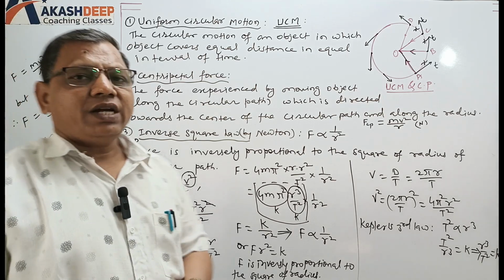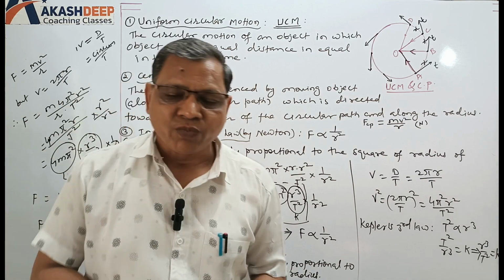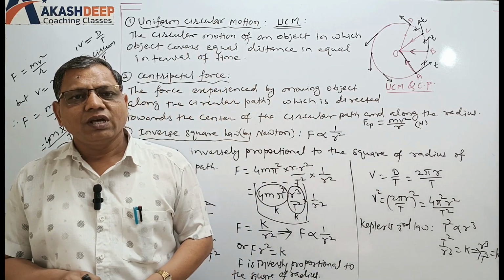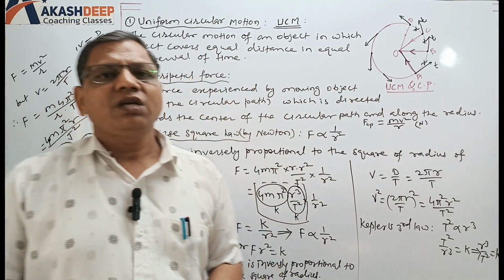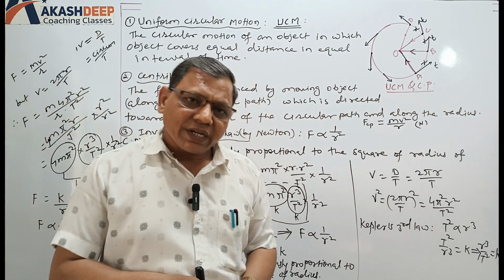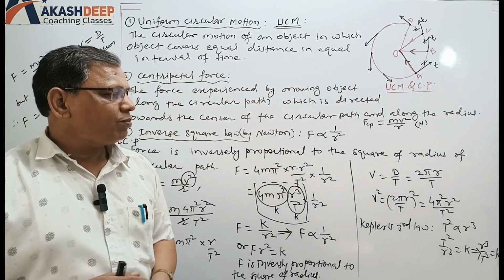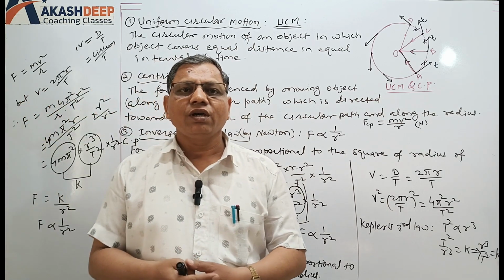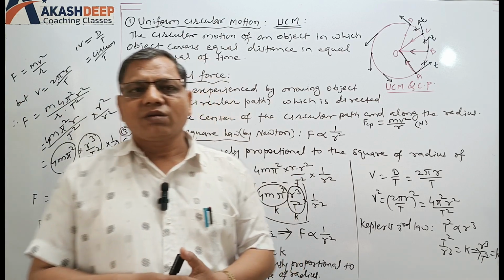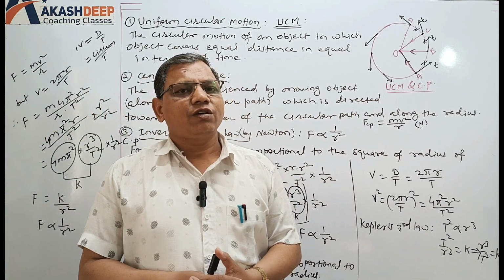It implies that there is an inverse relation between the centripetal force and the radius of the circular path. Therefore, Newton said that the centripetal force is inversely proportional to the square of the radius of the circular path along which the object is moving.